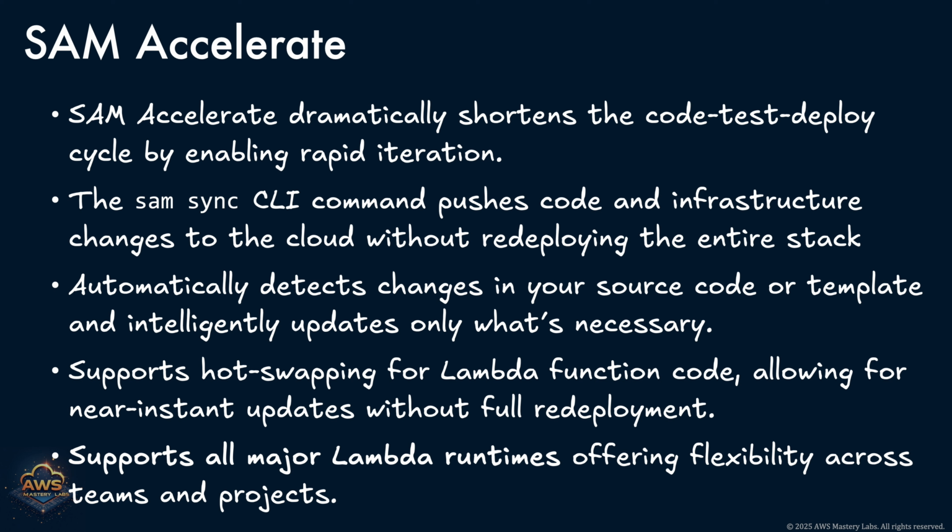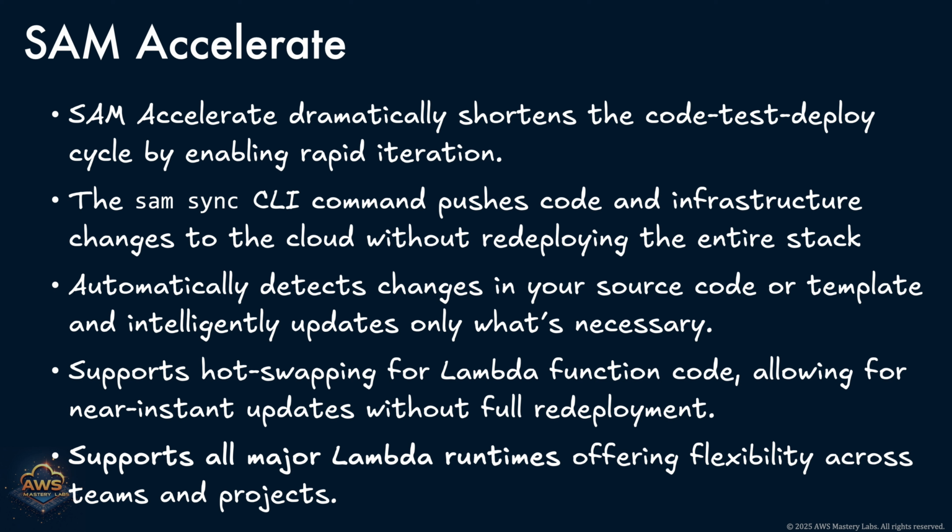In traditional serverless development, one of the biggest challenges has always been the slow feedback loop when code changes are made. That's where SAM Accelerate comes in. It's a set of powerful capabilities built into the AWS SAM CLI that dramatically shortens the development cycle and lets you push changes to the cloud faster than ever. At the heart of SAM Accelerate is the SAM sync command.